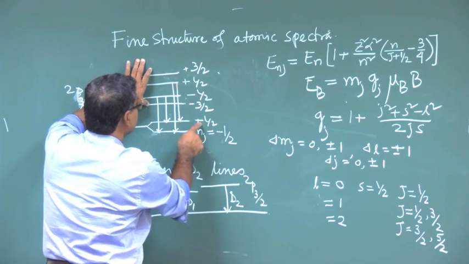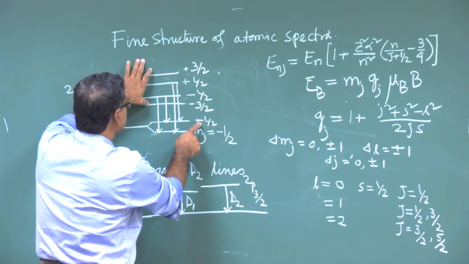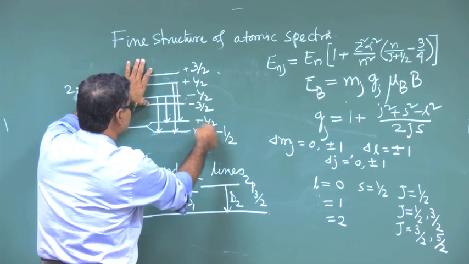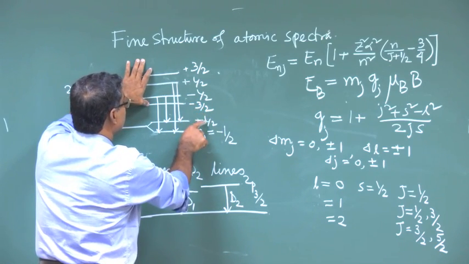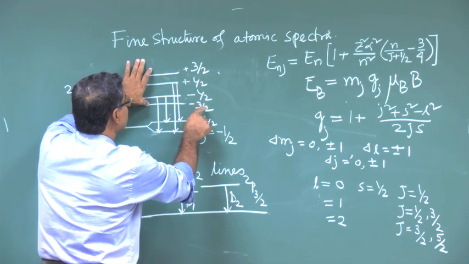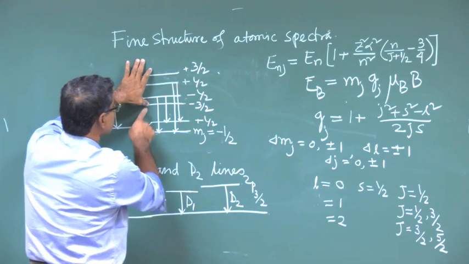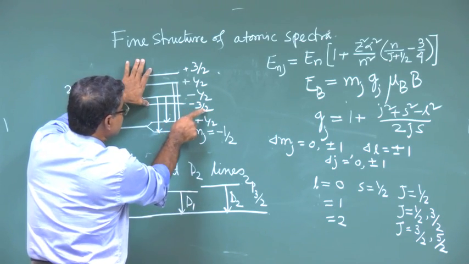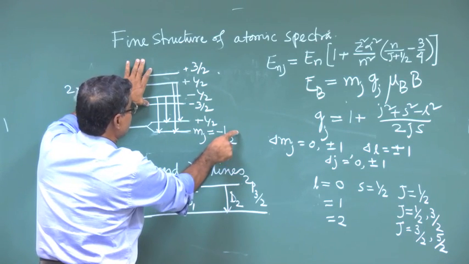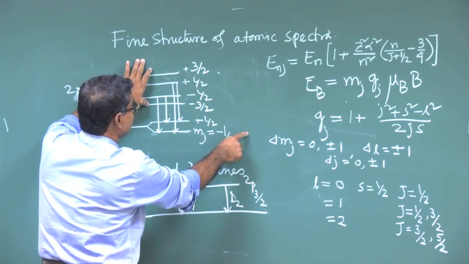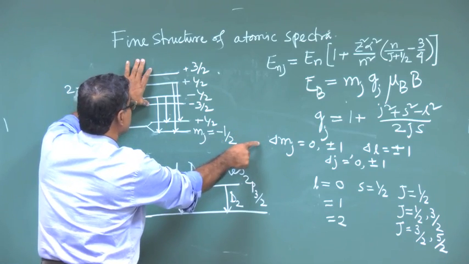The final minus the initial, plus half minus of minus 3 by 2, will be 2, so this is not allowed. But minus 3 by 2 to minus half is allowed; delta mj value will be plus 1.